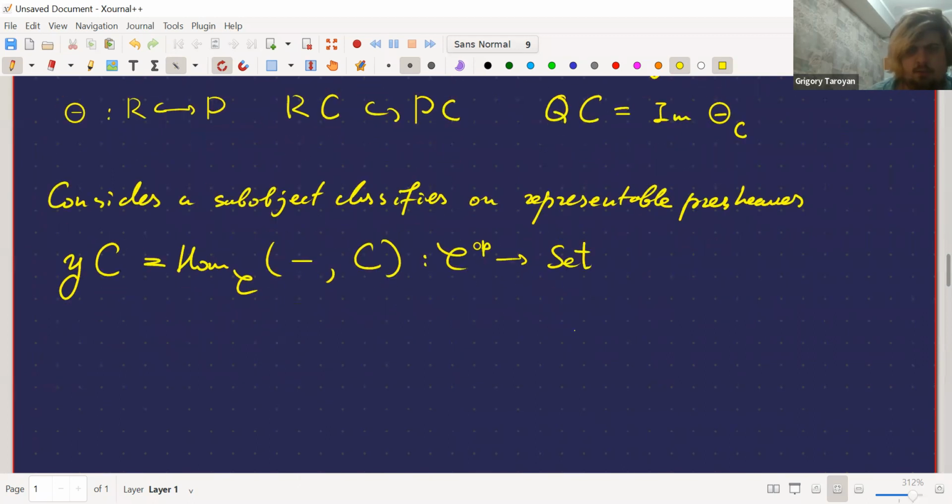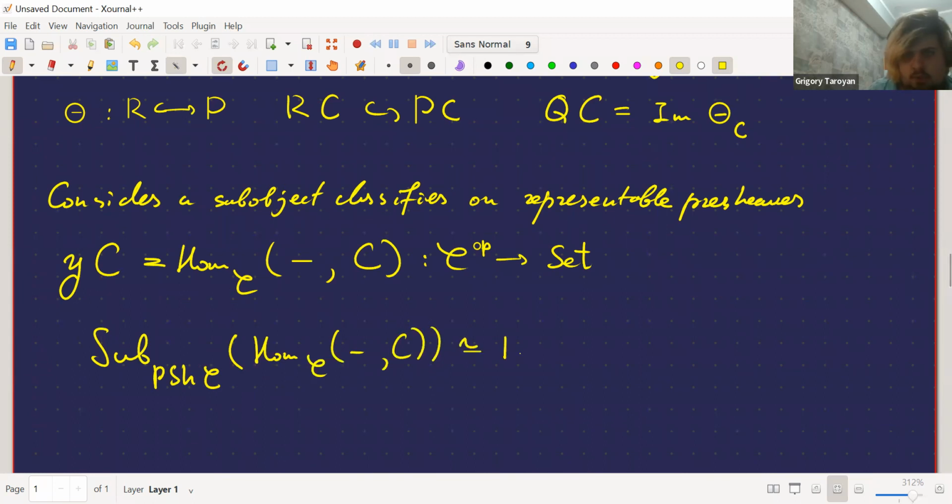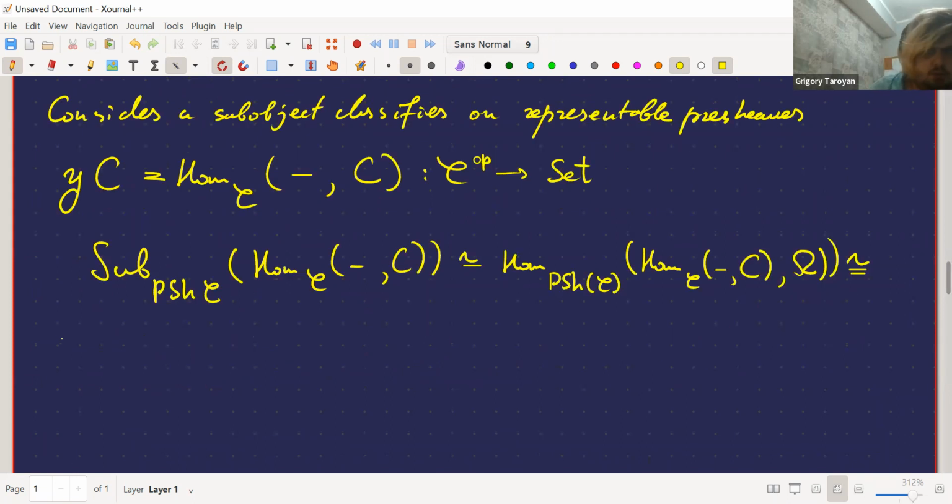What we get for subobjects are subfunctors, as we expect, but also maps from this representable functor to the subobject classifier. Now by the Yoneda lemma, this is in fact isomorphic to omega of C.